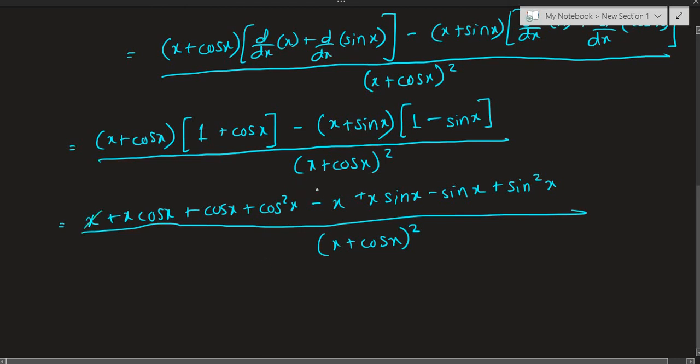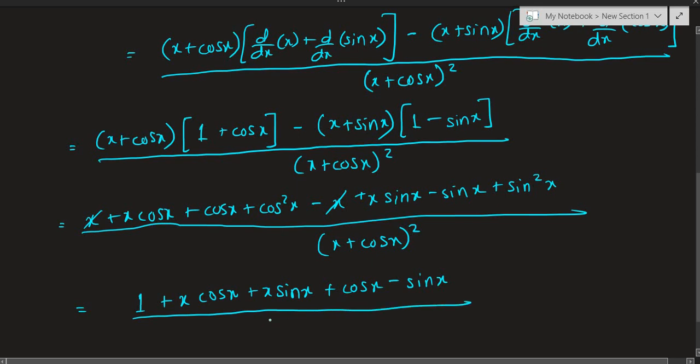So well, the x's are cancelling out, and this cosine squared plus the sine squared will make a 1. So we'll have 1 plus x times the cosine of x plus x times the sine of x plus cosine of x minus sine of x divided by x plus cosine of x the whole thing squared.